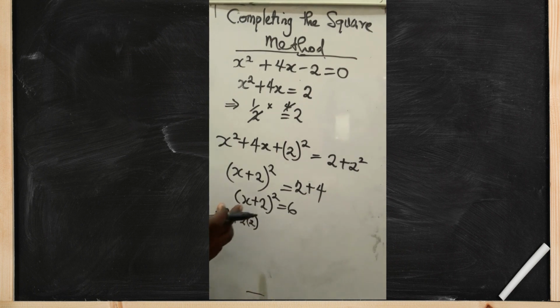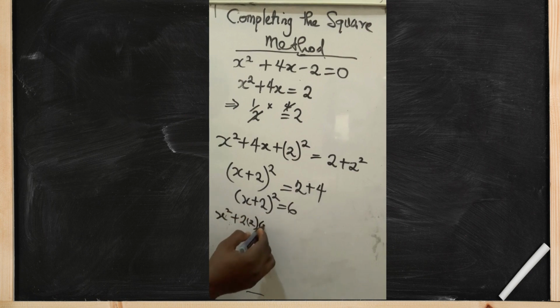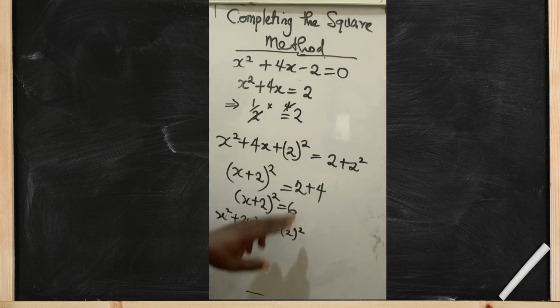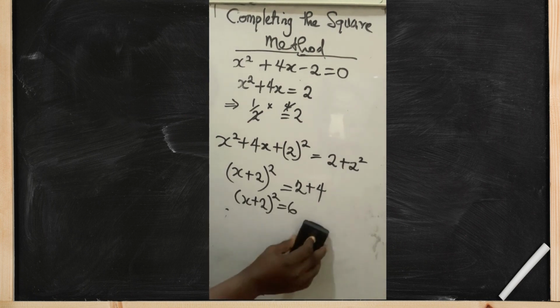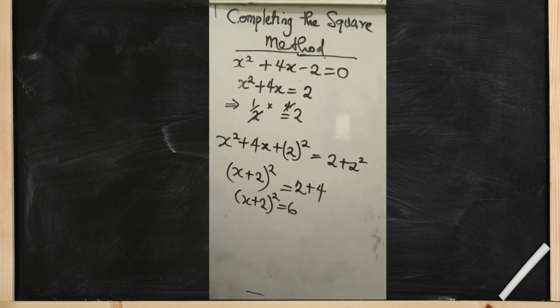Then multiply by this, that's x, plus 2 square. Meaning you are saying x squared 4x, then the 4.